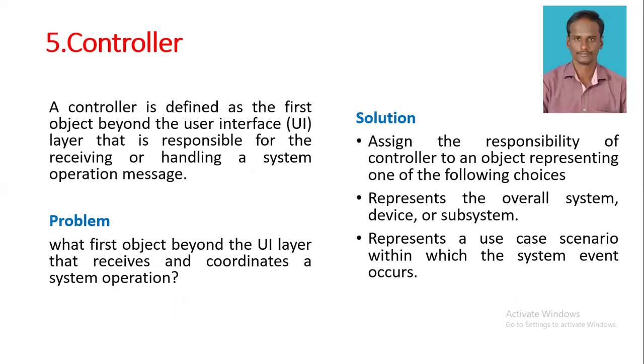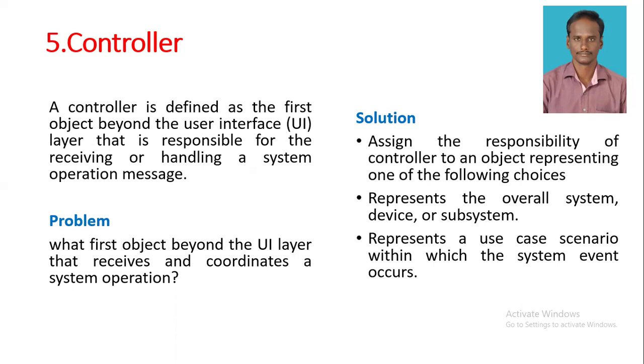Controller is defined as the first object beyond the user interface layer that is responsible for receiving or handling a system operation message. The problem with the controller is which first object beyond the UI layer receives and coordinates a system operation. The solution is to assign the responsibility of controller to an object representing one of the following choices.